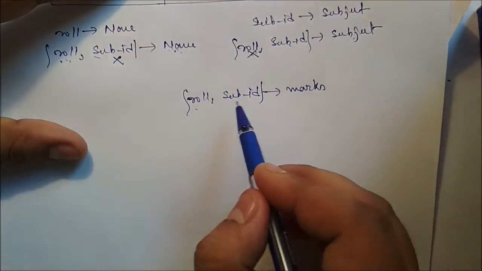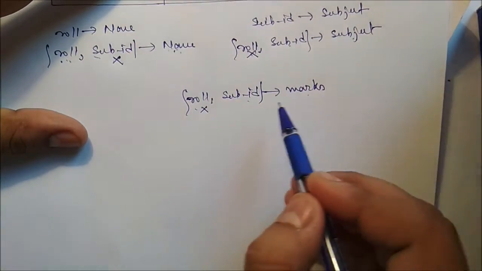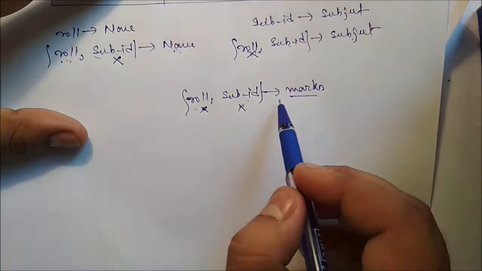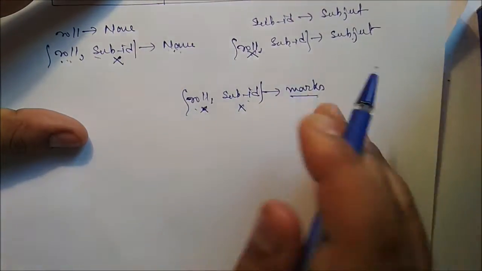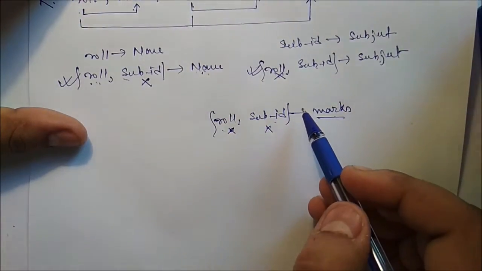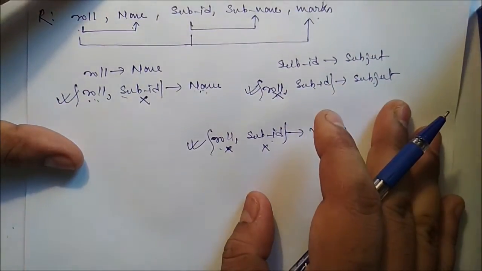Now from the roll number and subject ID we can identify the marks. If you remove the roll number, we cannot identify the particular marks, or if you remove the subject ID, we cannot identify the marks. So we can say these two are examples of partial dependency, and this is the example of fully functional dependency.